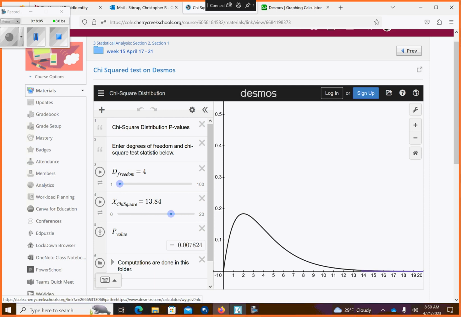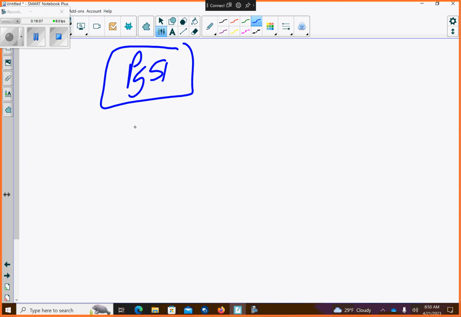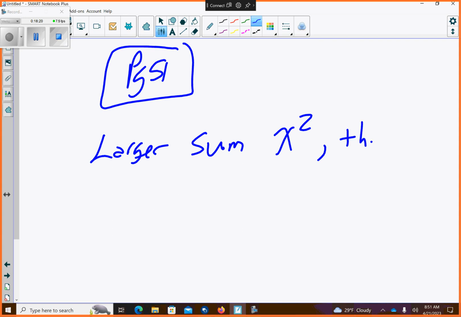So let's write that down real quick. That's important. Okay, or highlight that. So larger sum of the chi-squared, the stronger the evidence against the null.